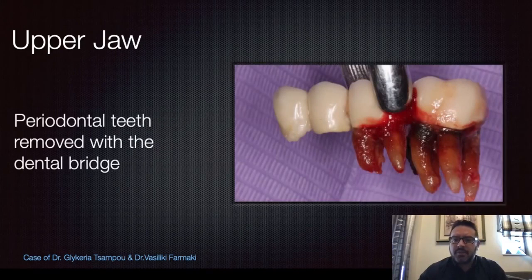The teeth and the bridge after the extraction. As you can see, there was a lot of defect in the area, so it was not a small surgery. They have to clean all the extraction sockets, use GBR, of course. The GBR was done with a PRF membrane in combination with bone.